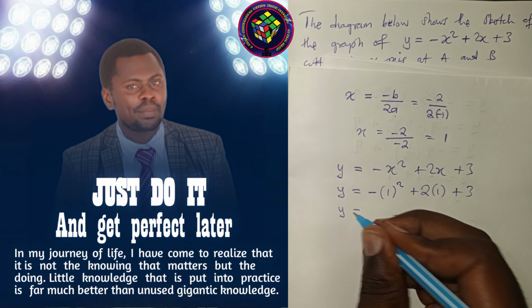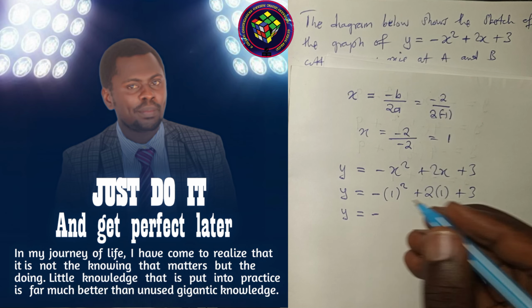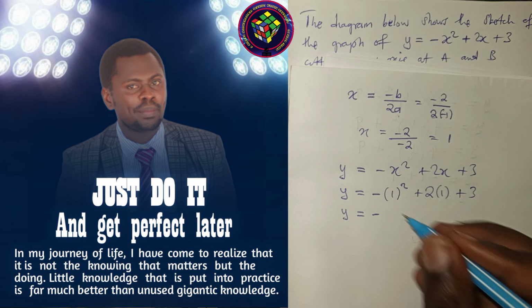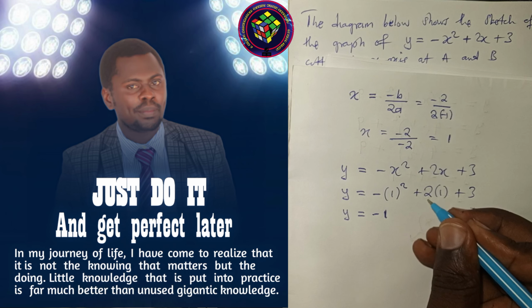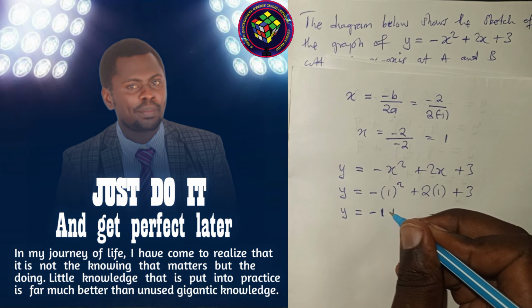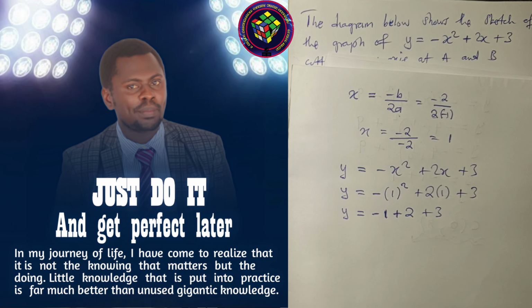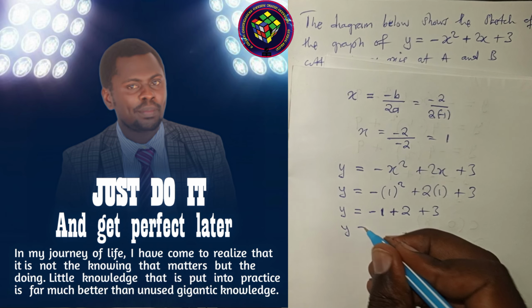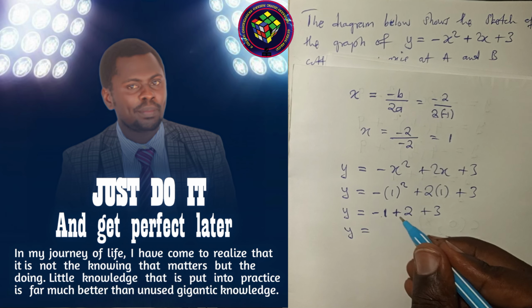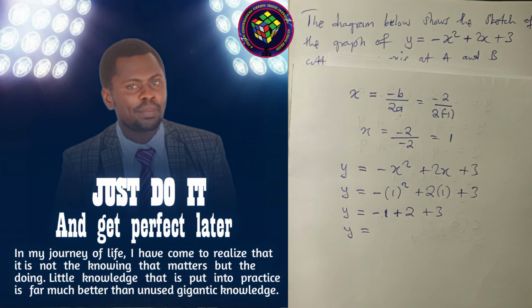So we have y is equal to minus, what is 1 squared? Yes, it's just 1. 2 multiplied by 1, you get 2, so plus 2. Then plus 3. Okay, so y is equal to, what is minus 1 plus 2? So minus 1 plus 2, that is 1. And 1 plus 3, that is 4.